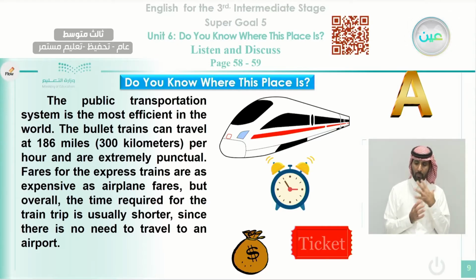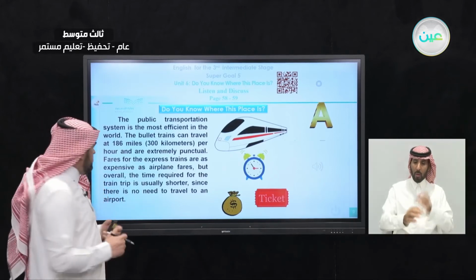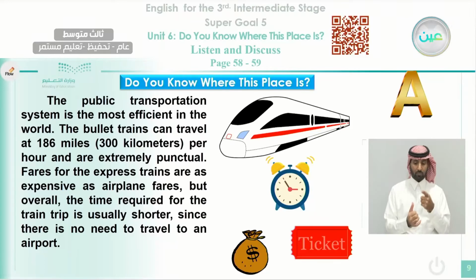What do you mean by punctual? It means it arrives and leaves on time. Okay, committed to time. Fares for express trains are as expensive as airplane fares. When you want to pay for the ticket of this train, you need to pay much money, the same as if you pay for a flight on an airplane.